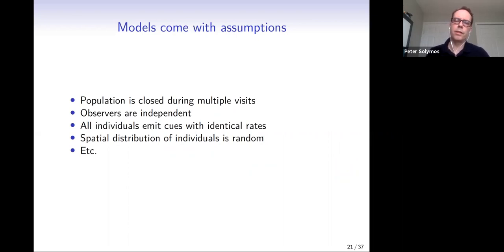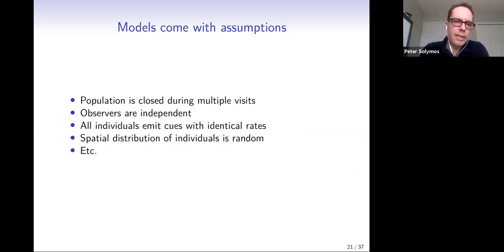But all of these models come with assumptions. The most important assumption that we usually think about when we talk about birds is population closure, because we know birds move around, they have little wings, even feet, and it's just really hard to imagine that they are going to stay put, especially if the count duration is longer, or over multiple visits, that nothing is going to happen to them.